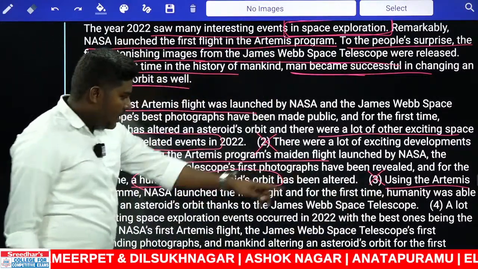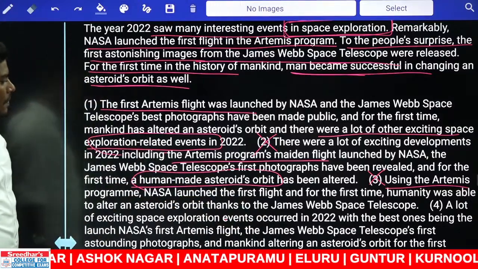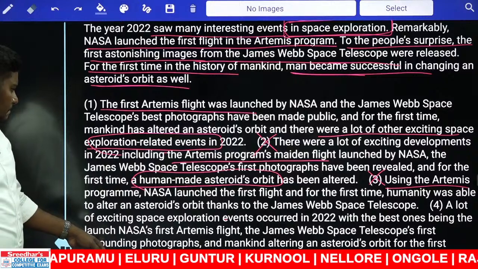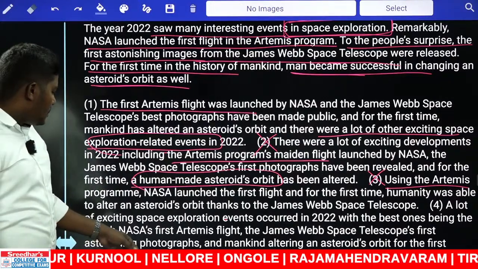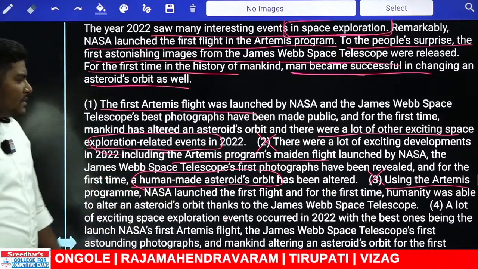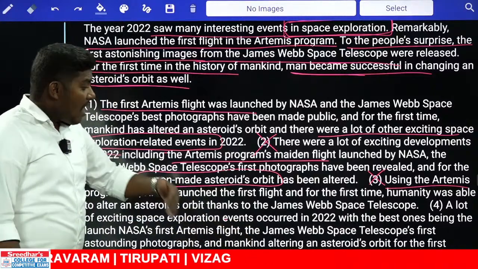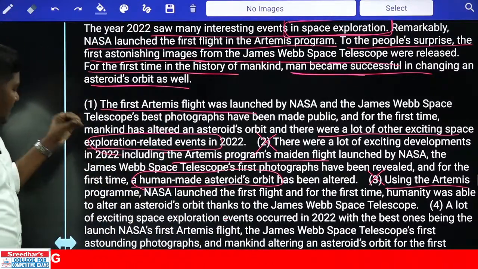Next, the fourth one. A lot of exciting space exploration events occurred in 2022, with the best ones being these: the launch of NASA's first Artemis flight, the James Webb Space Telescope's first astronomic photographs, and mankind, that is human beings, altering an asteroid's orbit for the first time.